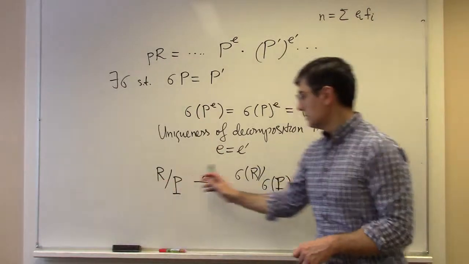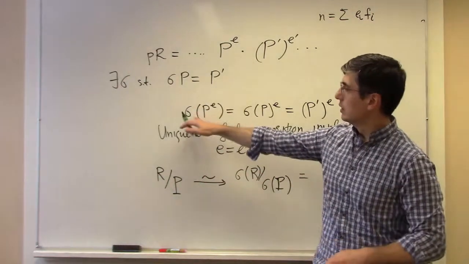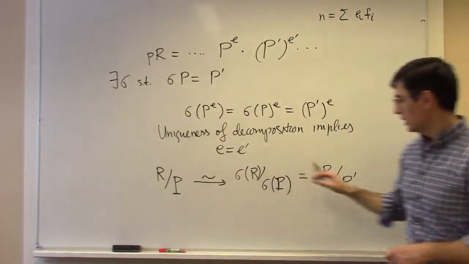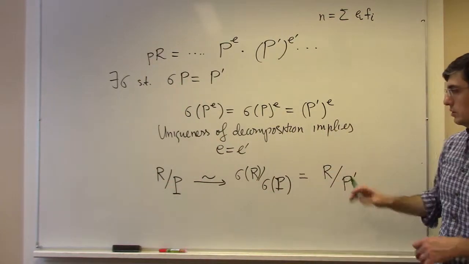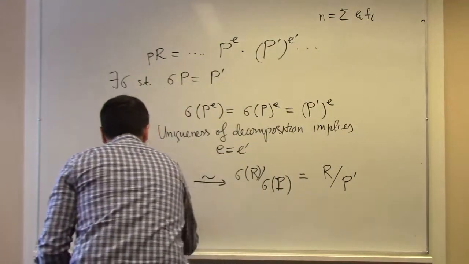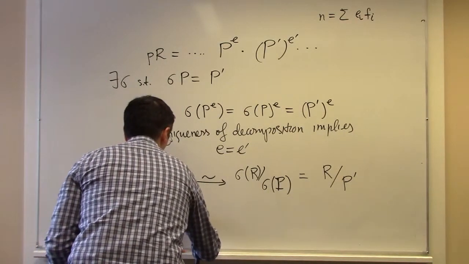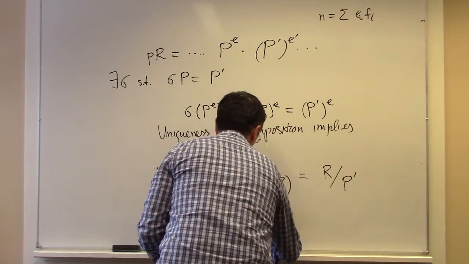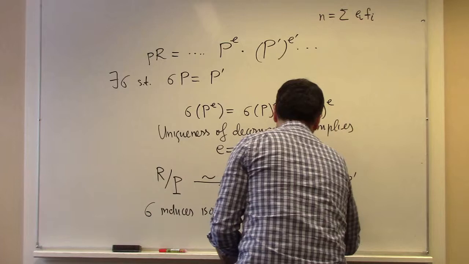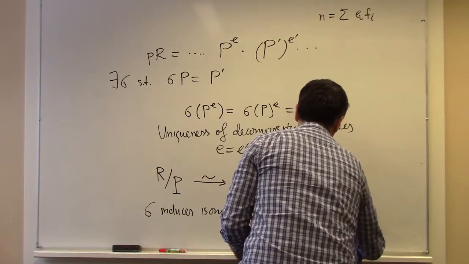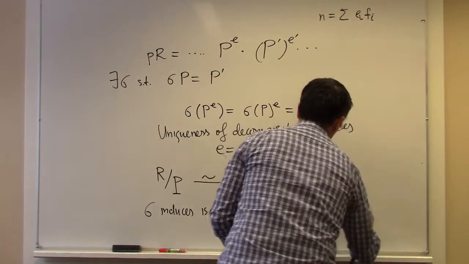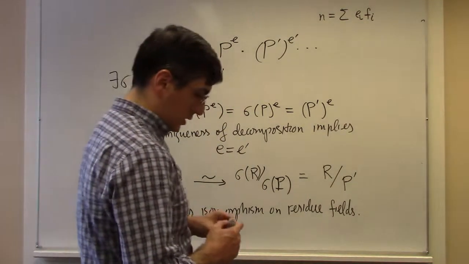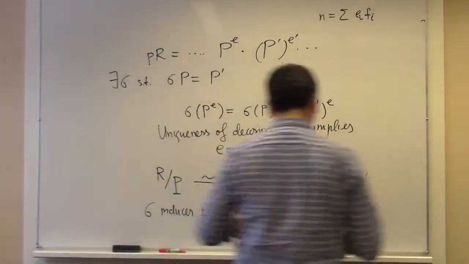So this means that this sigma, that moves this prime to this prime, actually induces an isomorphism on the residue fields. Alright, so then the inertial degree should be the same.